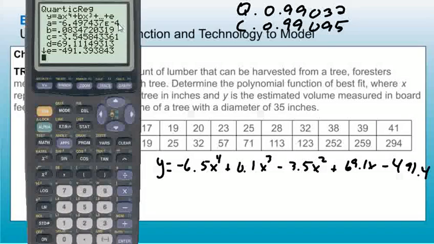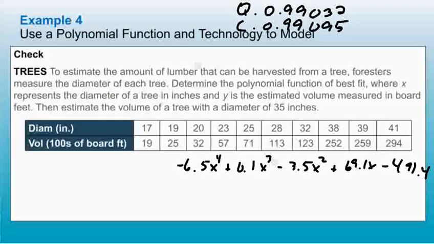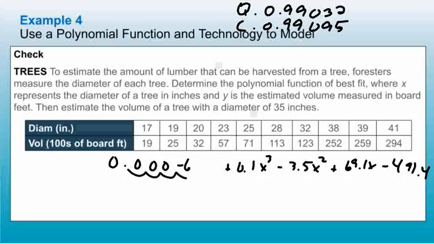That means I have to move the decimal place 4 places to the left. 1, 2, 3, 4, I would have 0 here, 0 here, decimal point would be there. So my answer would be roughly negative 0.0006 x to the 4th.